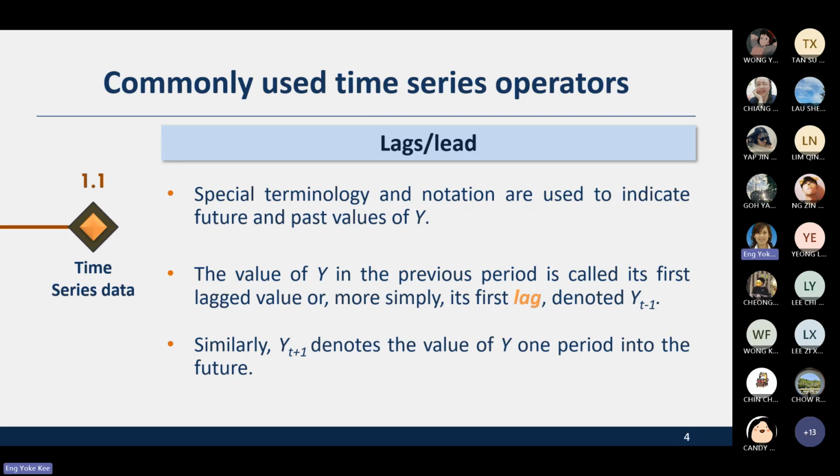The first terminology here is lead and lag. Lead means future, you are in front of me. Lag means you are behind me. So t minus is lag, plus is lead or forward. These are the notations that we use.